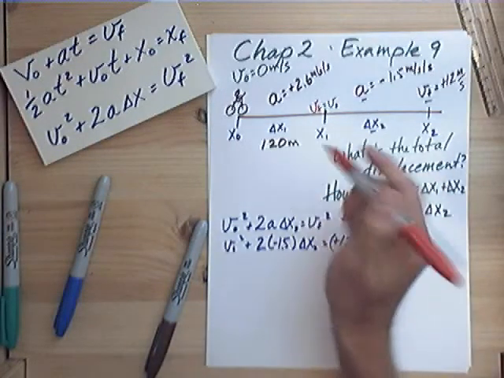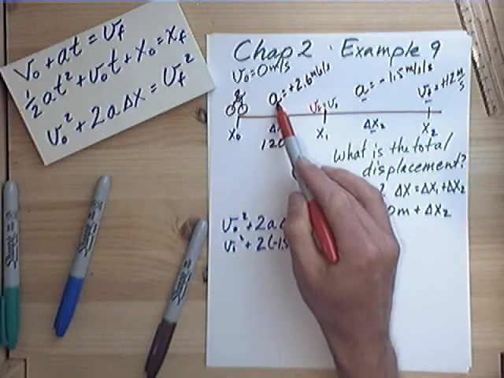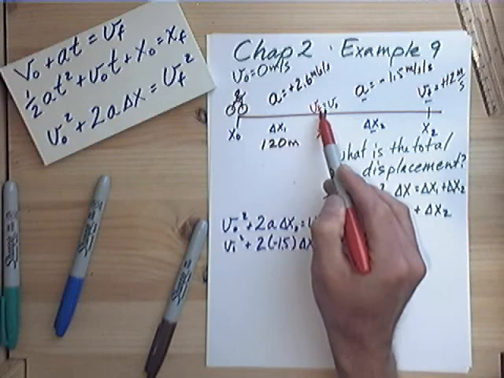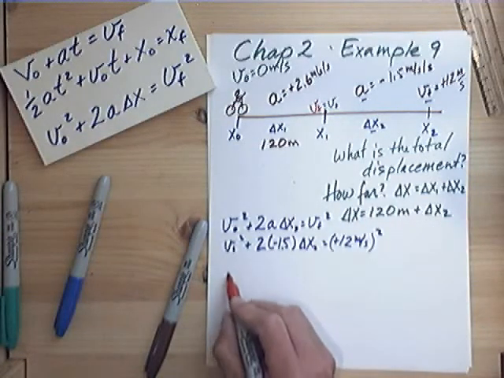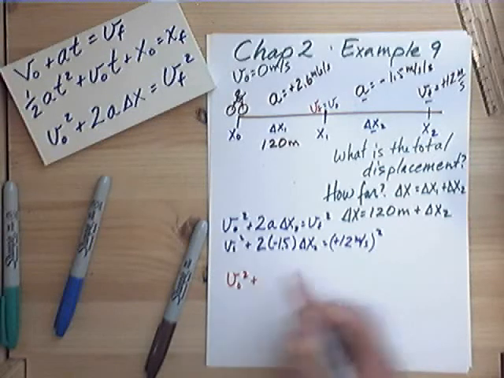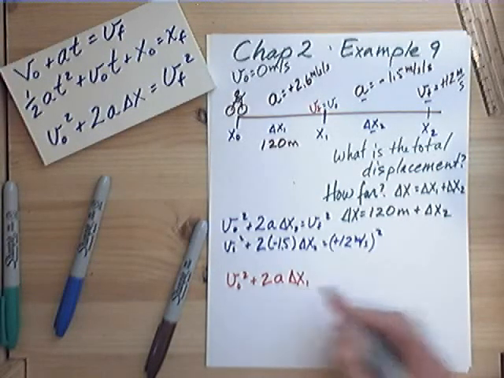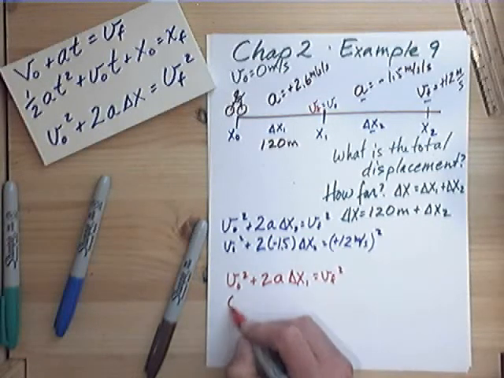So now I'm going to have to go to the first half. I have a v initial, I have an acceleration, I have a delta x, and I don't know my v final. I like the way that works out. So let's use v initial squared plus 2a delta x. This is now delta x1, v final squared. My v initial is 0.